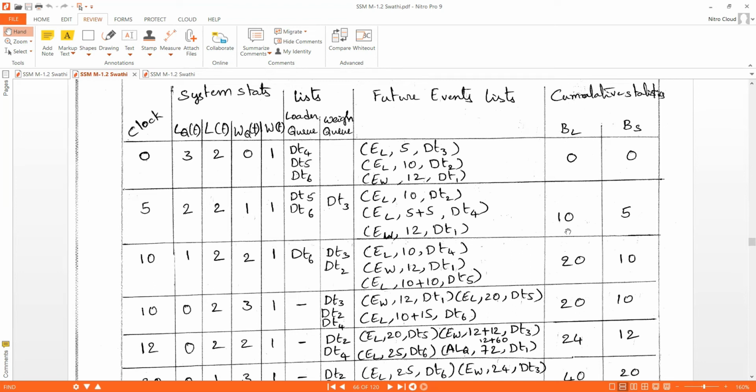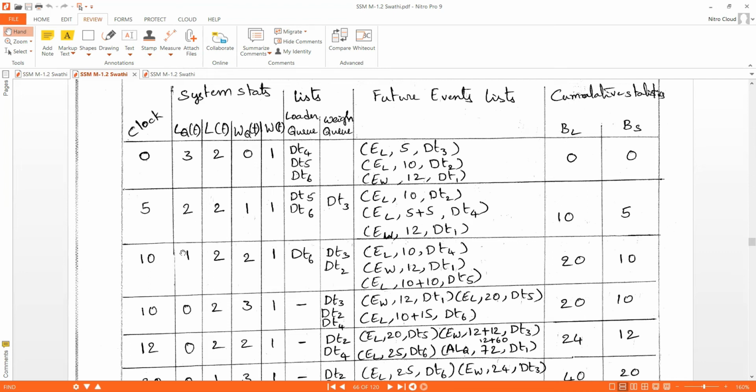So the busy loader time is 10 at simulation clock time 5. The total busy scaling time is 5 at simulation clock time 5, because we have only one scale, and that scale was busy weighing DT1. So we'll update this row like this.